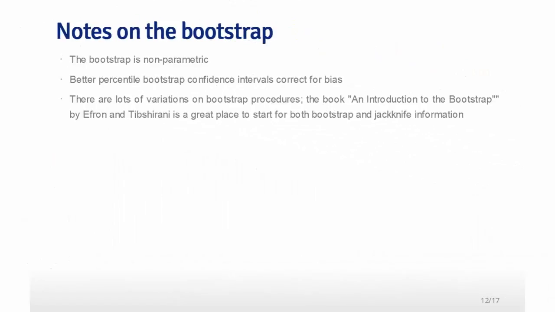So a couple final notes on the bootstrap. The way in which we presented the bootstrap here is the so-called non-parametric bootstrap. The confidence interval that I showed you, just taking the 2.5th and 97.5th percentiles, is actually a somewhat poorly performing confidence interval, and you can improve on it very easily.